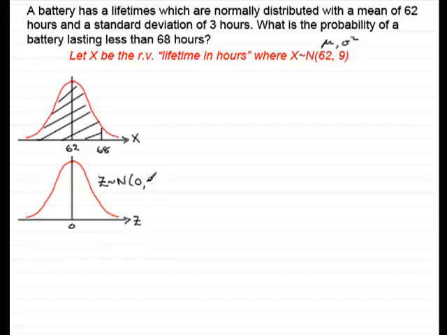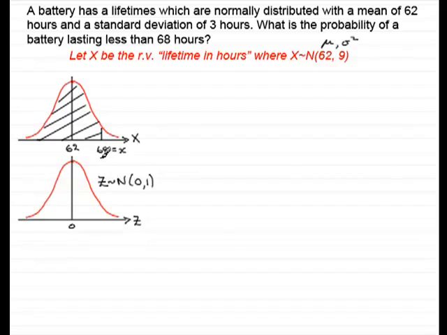And if you square that, that means the variance is also going to be 1. Now what we need to do is look at the corresponding value of this observed value, which I'm going to call little x.